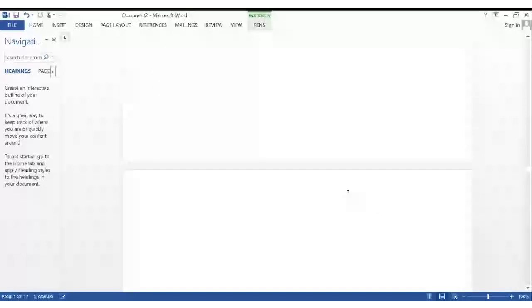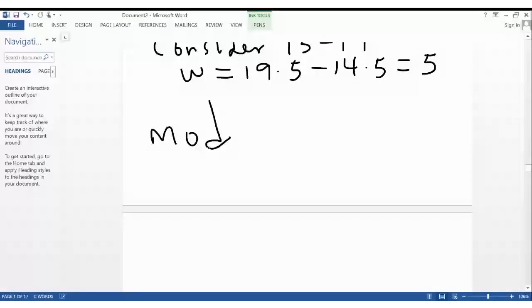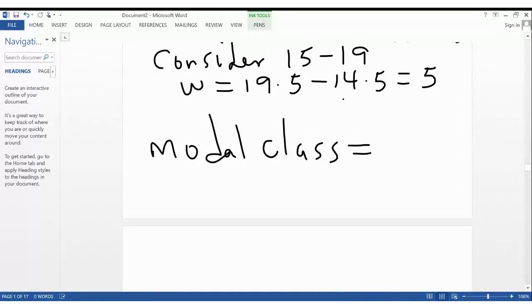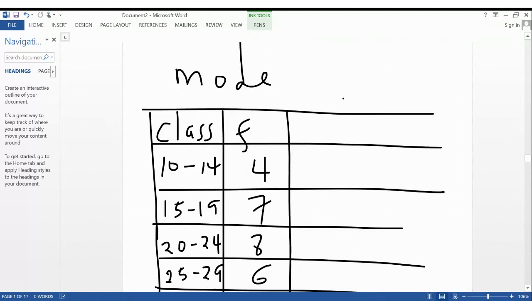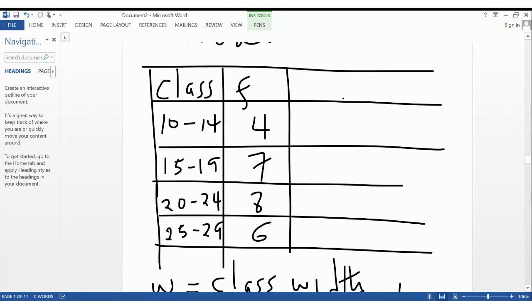Modal class. Go back to the definition. This is the class with the highest what? Frequency. So which class has the highest frequency here? Someone to try. You have 10 to 14, 15 to 19, 20 to 24, 25 to 29. Which one has the highest frequency?